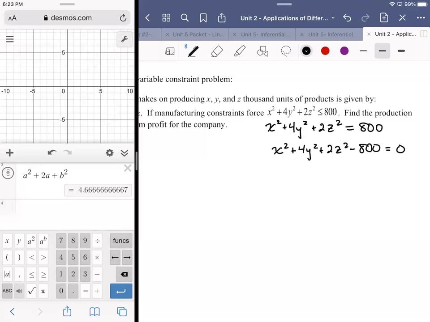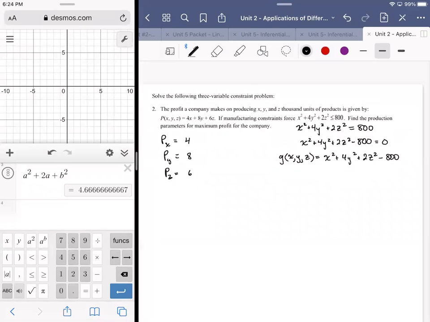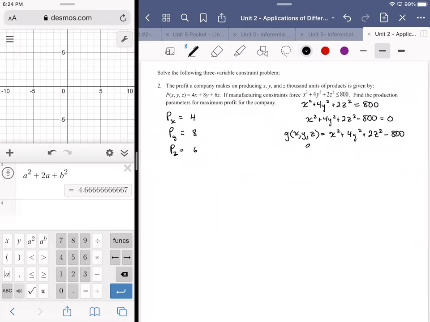You can use whatever you want, it doesn't make a difference. So this is equal to g of x comma y comma z. Now I can find my first order partials with respect to x, y, and z for the g function, which are 2x, 8y, and 4z.